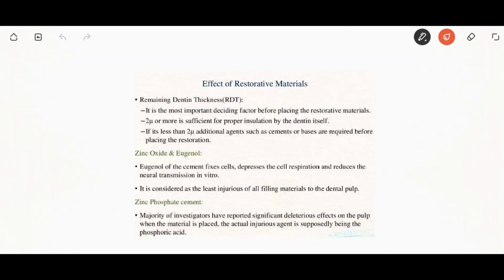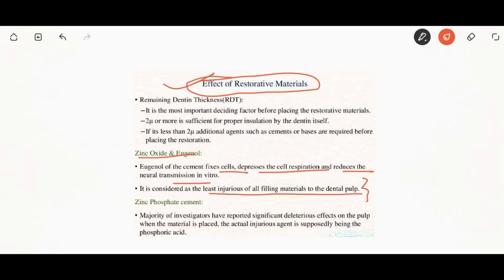Zinc oxide eugenol cement, we use as a temporary filling material or a root canal sealer. It has a liquid component, the eugenol, that fixes the cell, depresses the cell respiration and reduces the neural transmission.